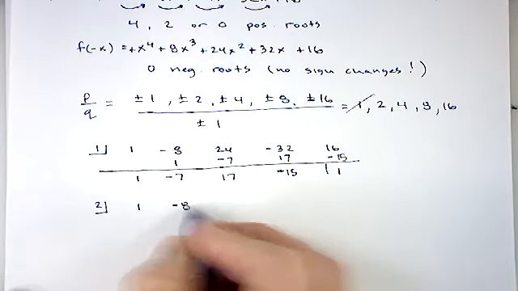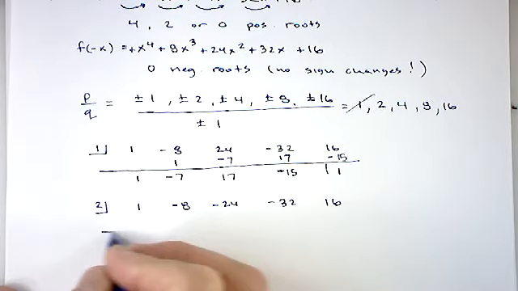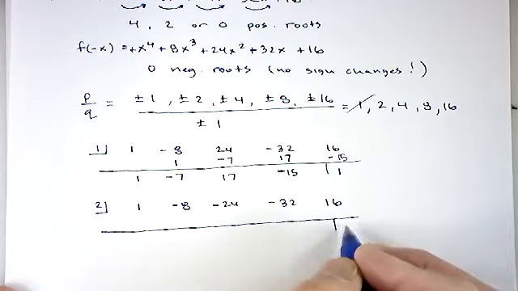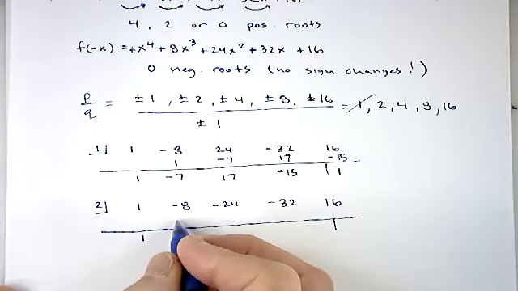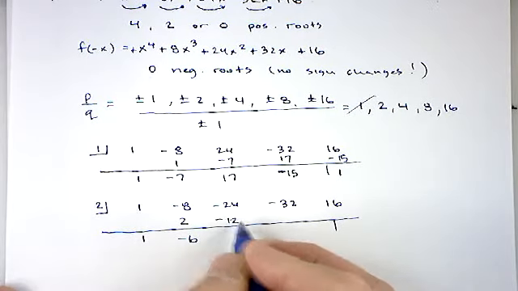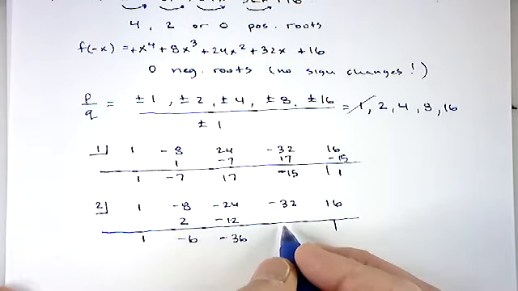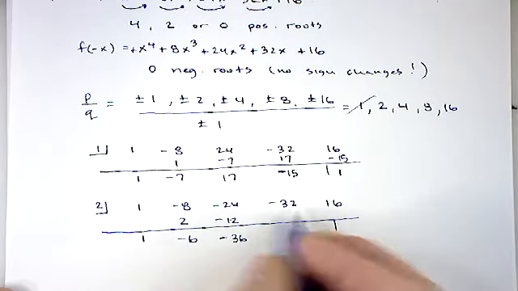1, -8, 24, -32, 16. 1, 2, -6, -12, -36. No. This should have been +24.